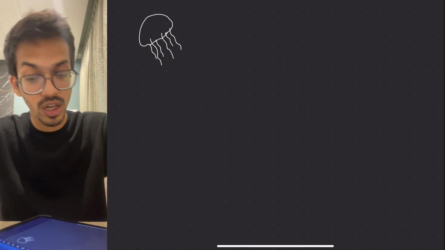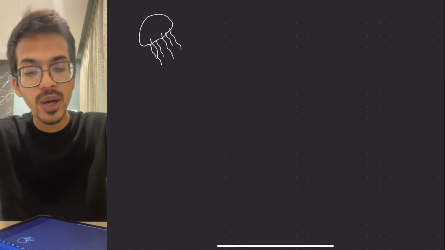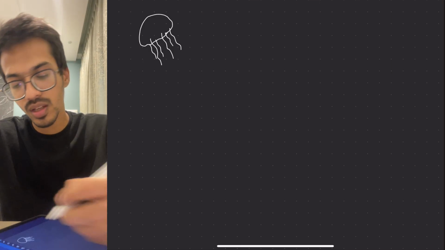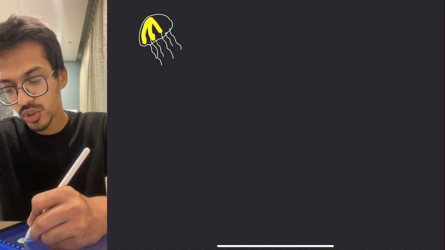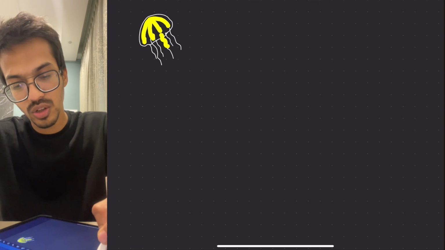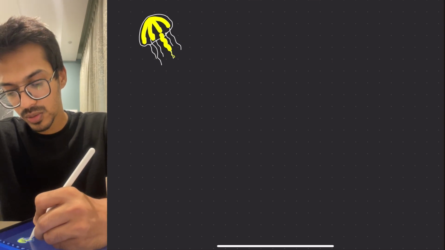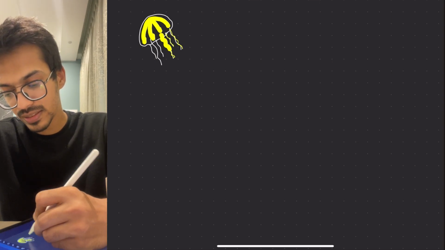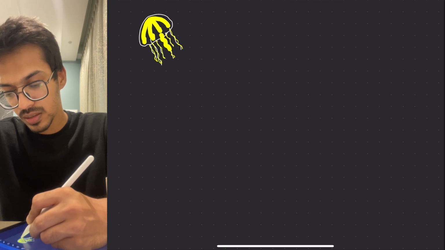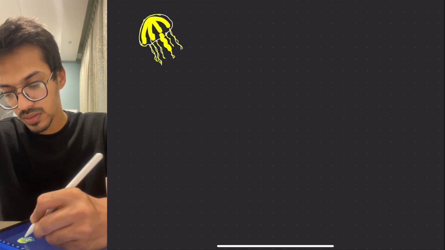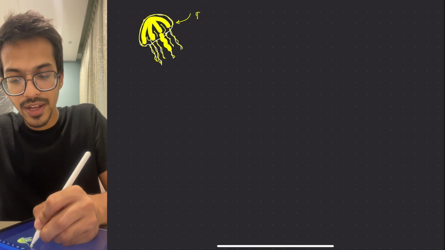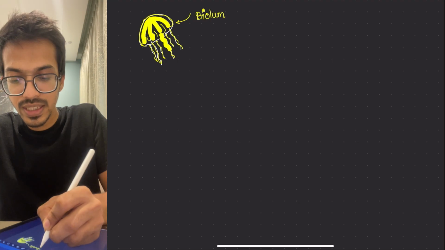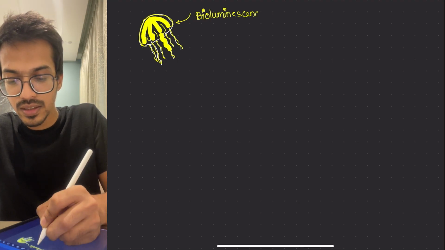This jellyfish can glow in the dark. So this is the feature, I am showing it as a glow. Certain parts of its tentacles are also glowing. This is the bioluminescence feature.